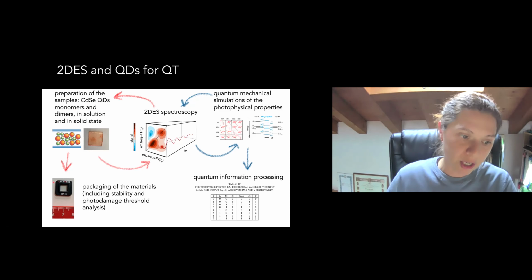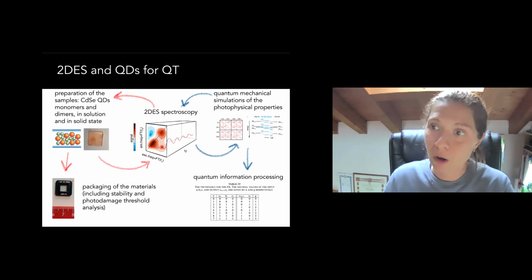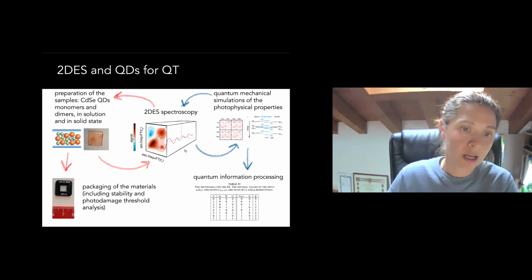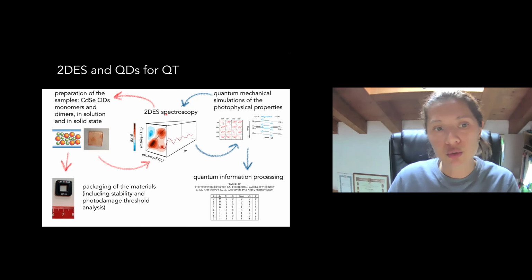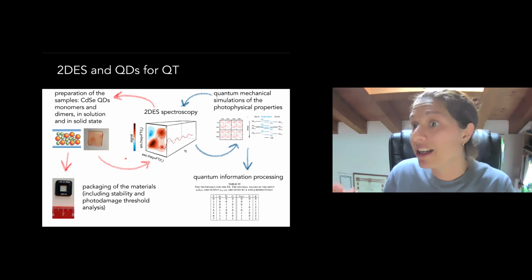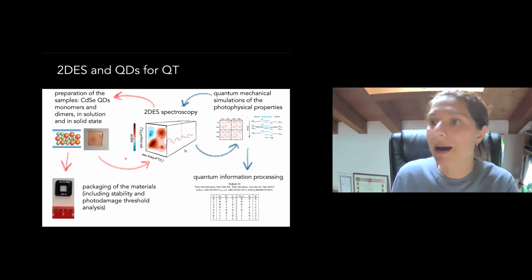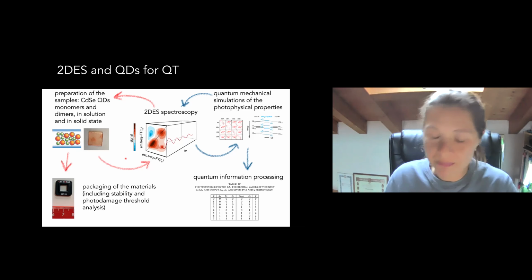This picture here represents the third generation of the device we are using for our quantum technology applications. Now, the coherent behavior of these samples, of these devices, has been assessed by means of 2D electronic spectroscopy. And actually 2D spectroscopy also allows us to screen and select the best materials with the best coherent behaviors.